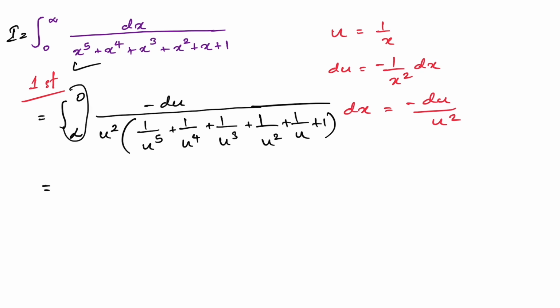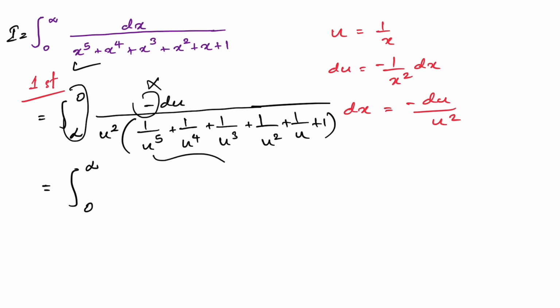Here the minus sign lets us interchange the limits to 0 to infinity, so the minus sign gets cancelled. Also, a definite integral is independent of the variable, so instead of u we can use x.